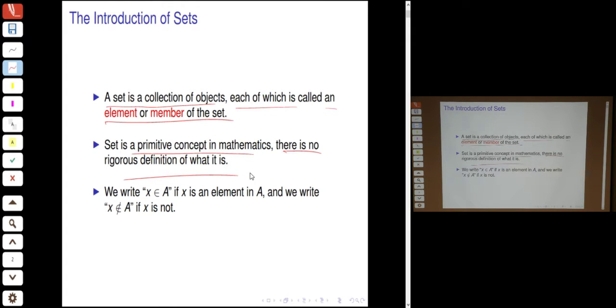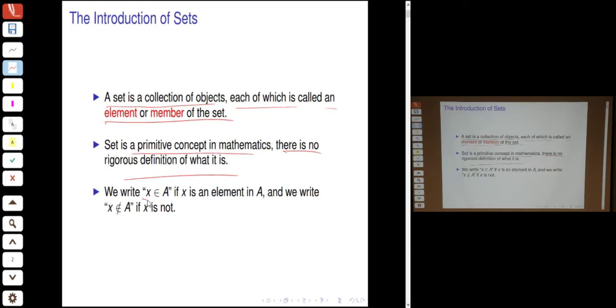For example, if I buy 9 oranges from the market, you can think of it as a set of 9 oranges, or 3 apples and 5 oranges. Or the set of all real numbers between 0 and 1, or the set of all positive integers between 1 and 10, which is 1, 2, 3, 4, 5, 6, 7, 8, 9, 10. It is as basic as that.